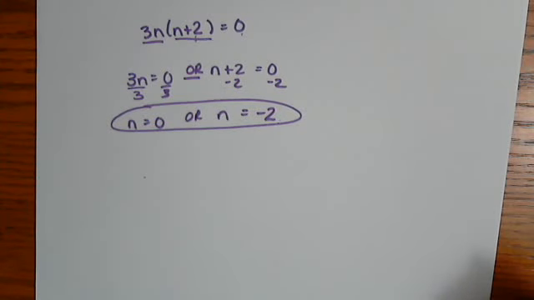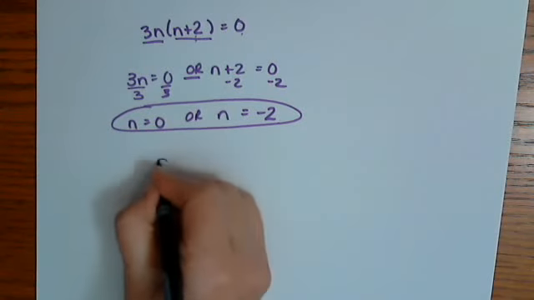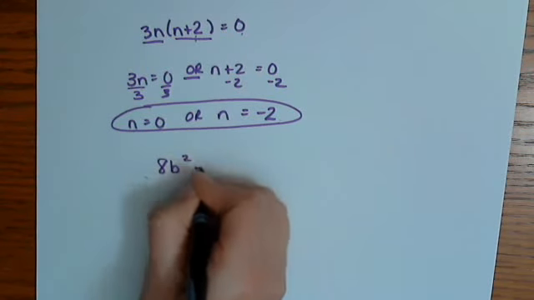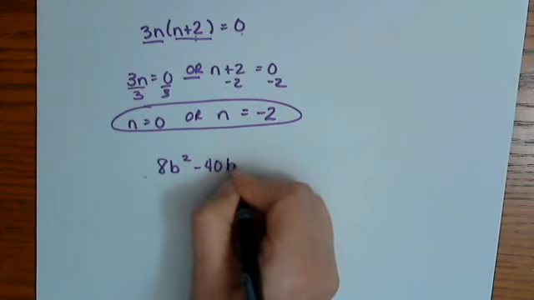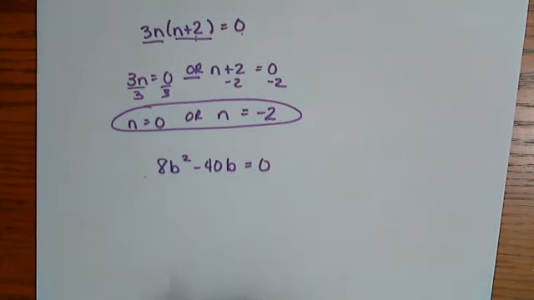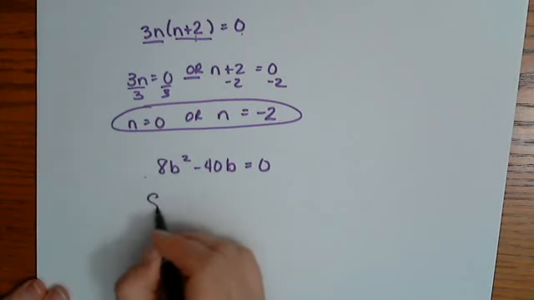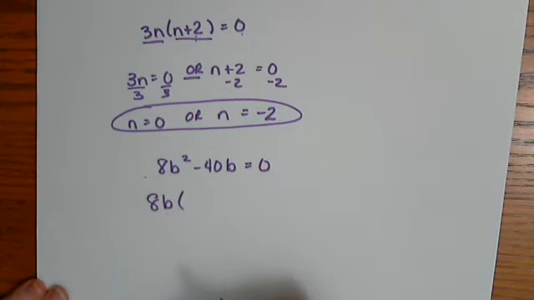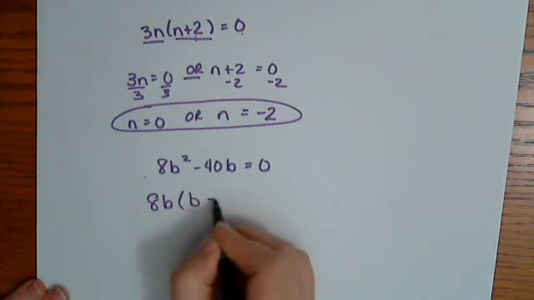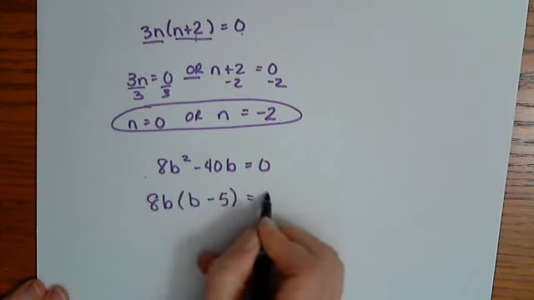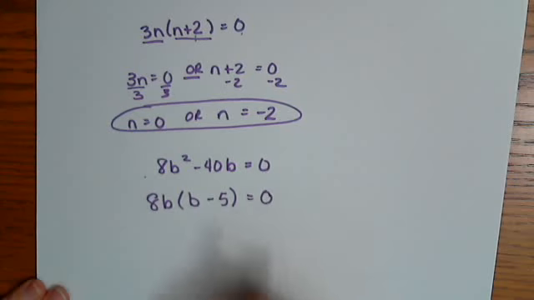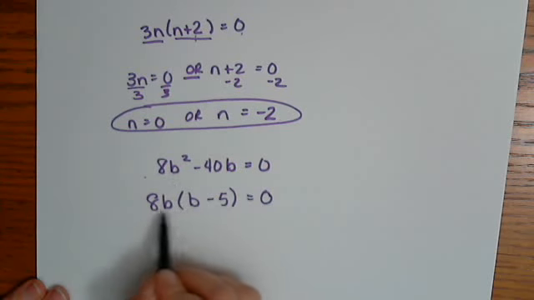Let's do another one, 4b. Again, you stop the video and try to do it on your own. 8b squared minus 40b equals 0. Let's factor out whatever we think is common here. I am seeing 8b be common, and I have b minus 5, and I think that's all I have to do. So 8b squared and minus 40b would be there.